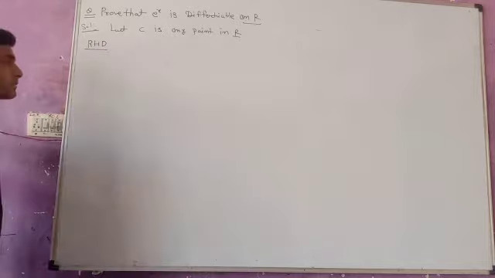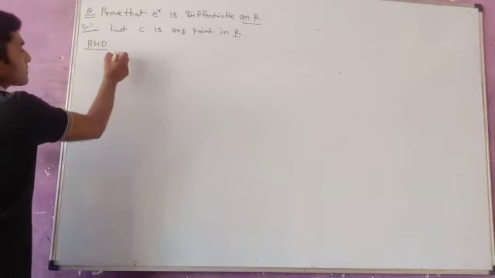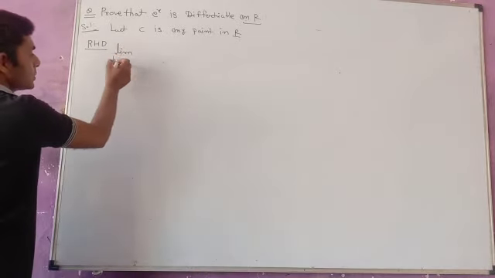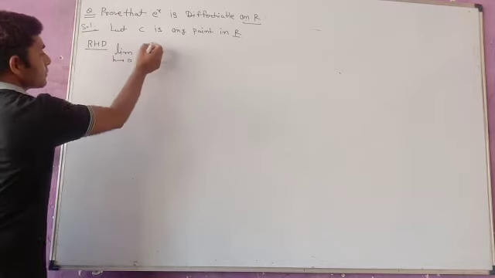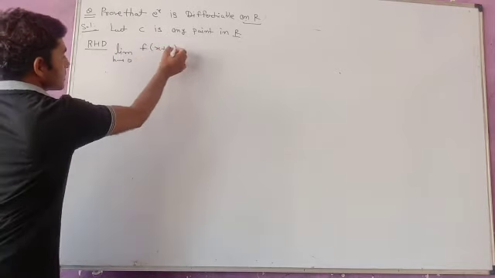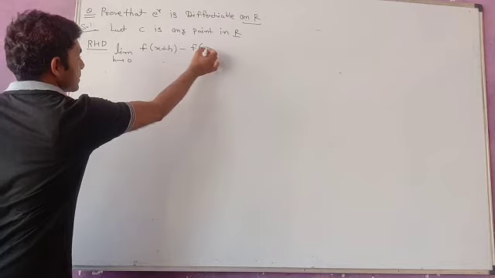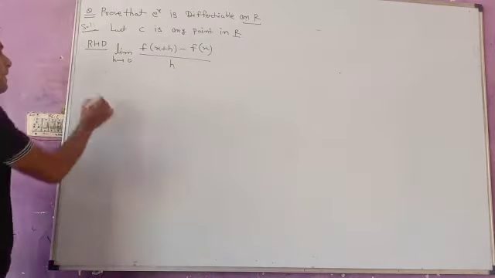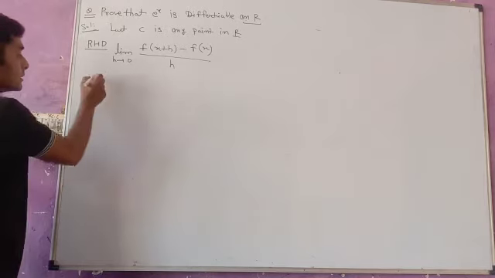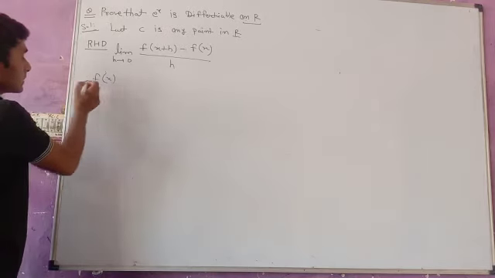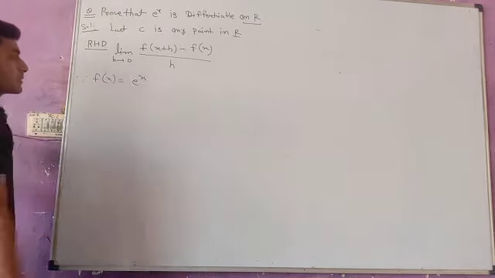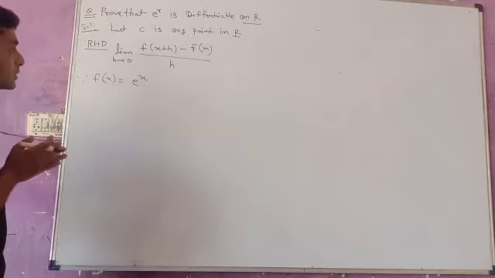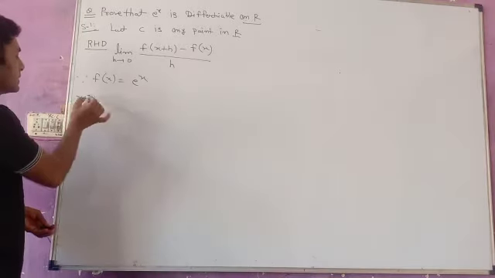First, the right hand derivative. Right hand derivative is limit h tends to 0 of f(x plus h) minus f(x) divided by h. Our function f(x) is e power x. Now we have to put the values. x is c.